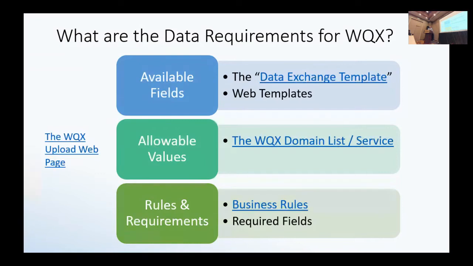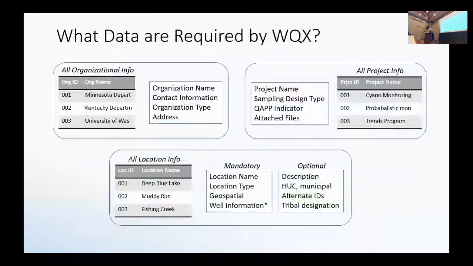It's one of the most important pieces of information to consume. I'm in the process of trying to redesign our support pages, so hopefully they will be a little more obvious. But yeah, the domain list, the data exchange template, and the business rules are the three big pieces that define WQX.